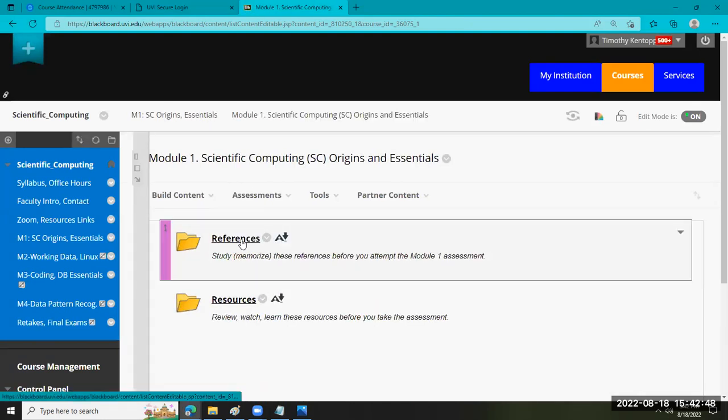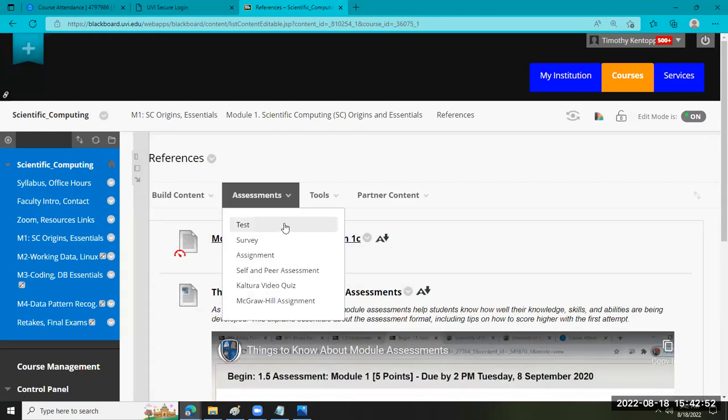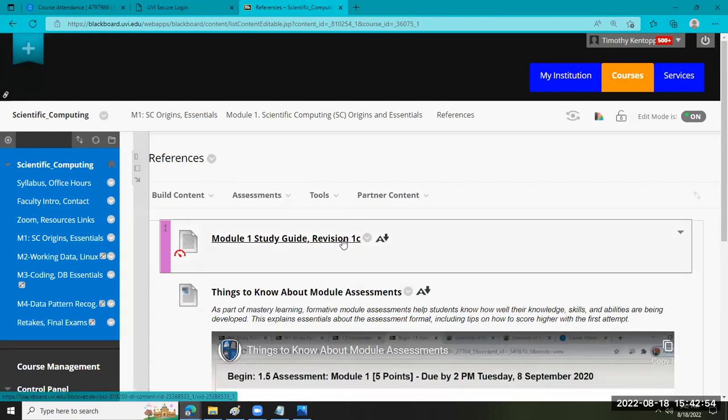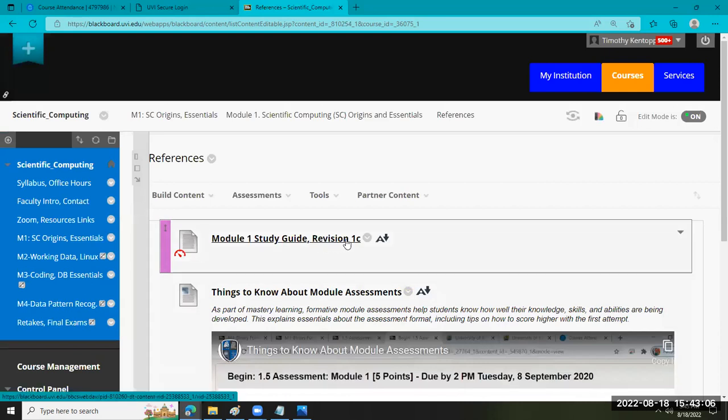So one thing that I wanted to share with you is that before you engage the assessment, after we've reviewed all the material in a given module, when you're ready to take the assessment, one thing you want to make sure of is that you have the latest revision of the study guide. So in this case, if there's major changes, it would be like revision 2 or 3.